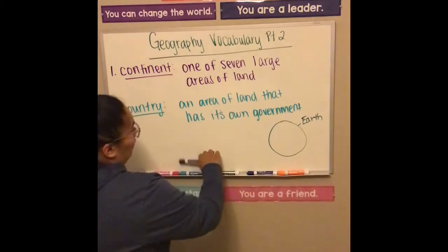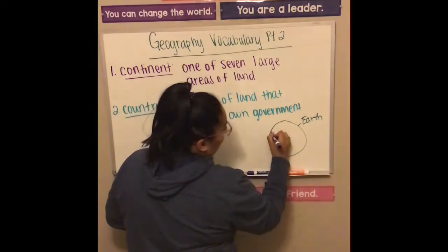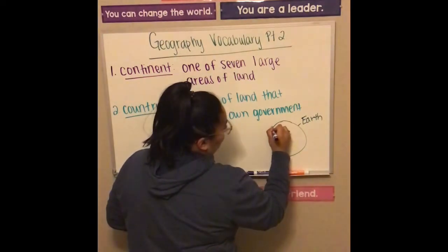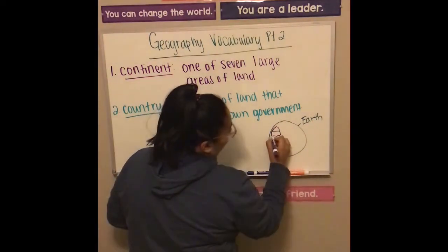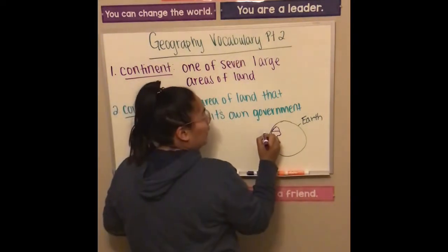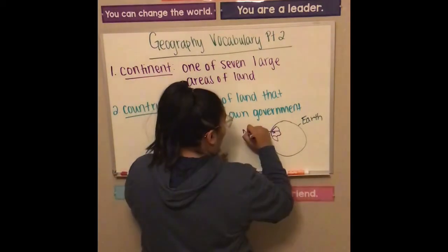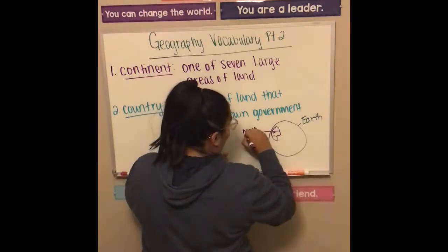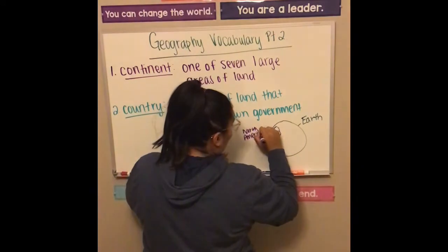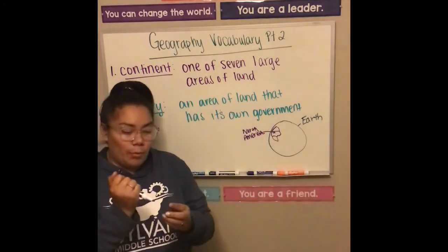Okay. So there's Earth. Let's draw our continent, which is this, right? It kind of goes up a little bit, and then it goes down. It's not the best picture, but let's say this is North America. Everything in purple is our continent called North America.